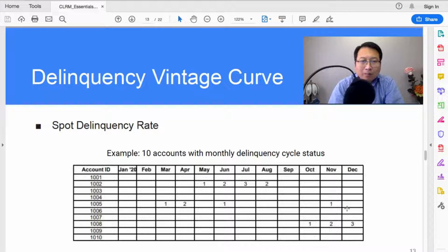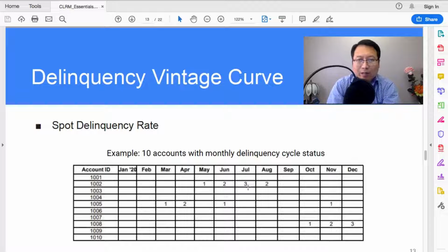Then you have ID 1008, which in October became delinquent, cycle 1, 2, 3. If we want to measure 30-day plus, for example, late for at least 30 days, then for account 1002, in May it's still within 30 days. Then from June, it's considered 30-day plus.